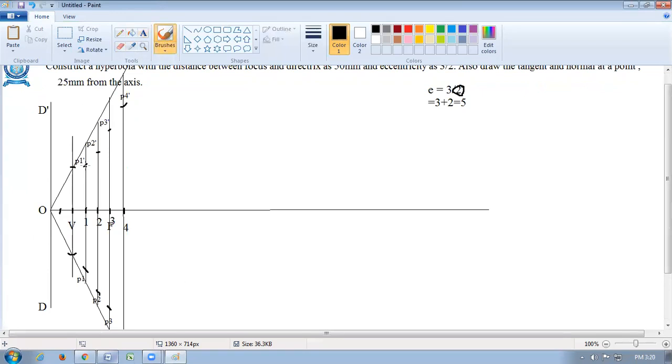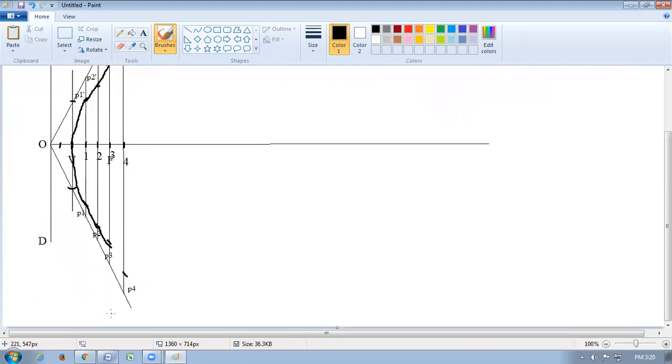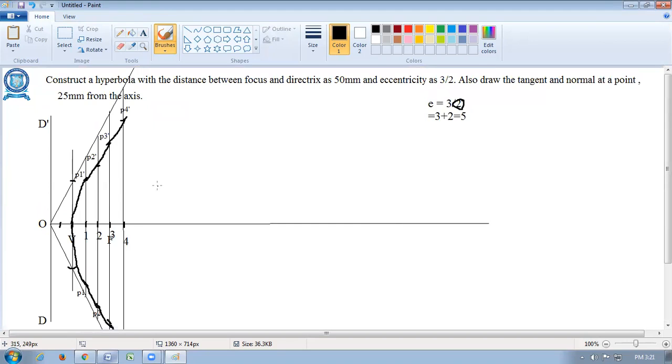Join these points with the vertex. Okay, this is the hyperbola curve.